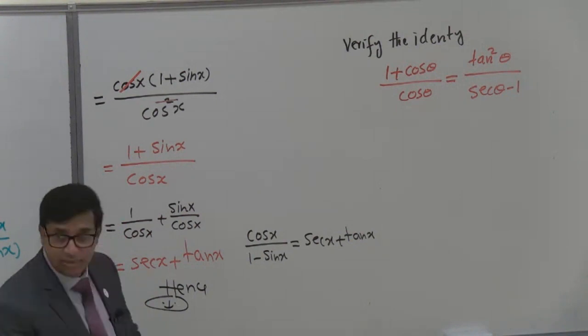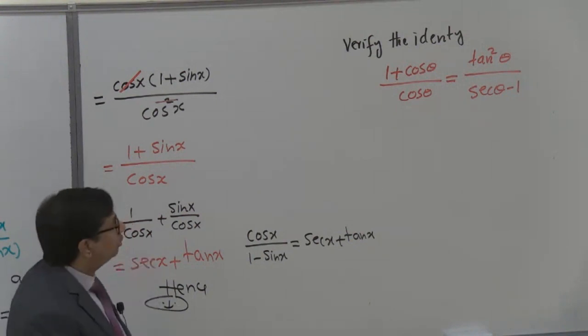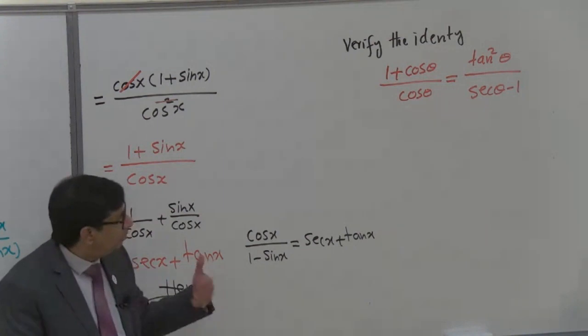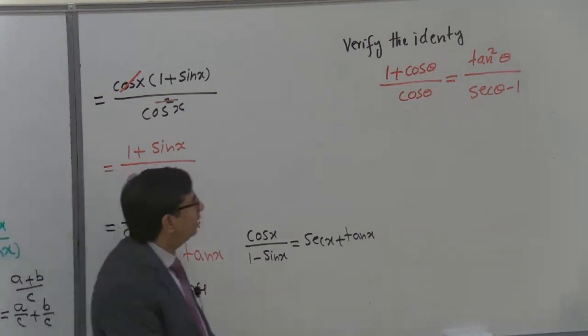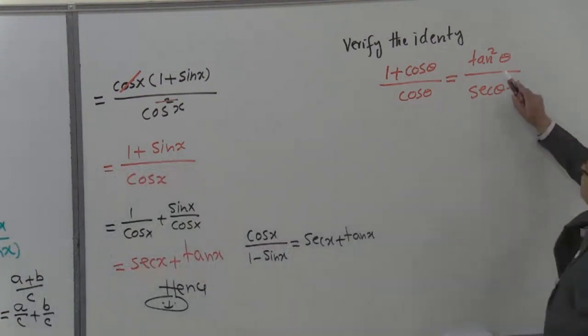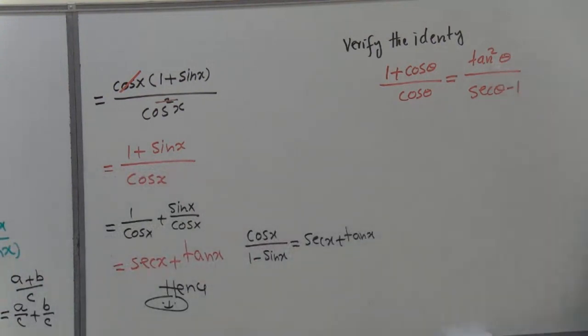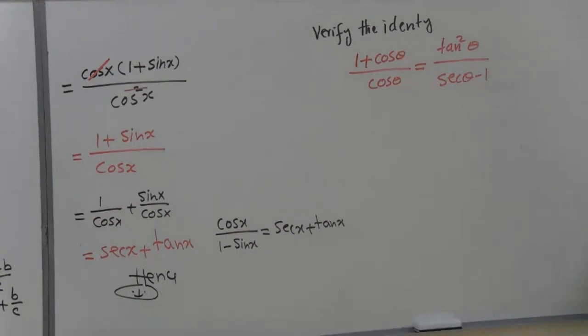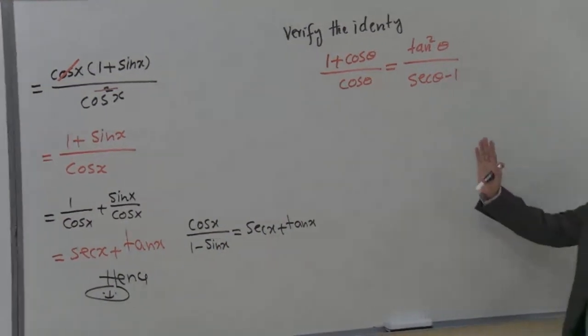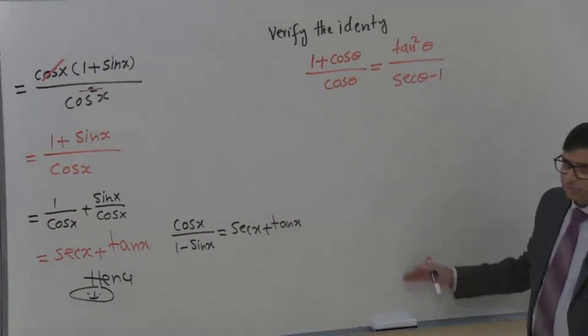Right hand side? Okay. There is more than one method you can use. On the right hand side, if you see, there is a tan squared theta involved. The method I gave you, changing to sine and cosine, you can apply, but that method gives different steps.